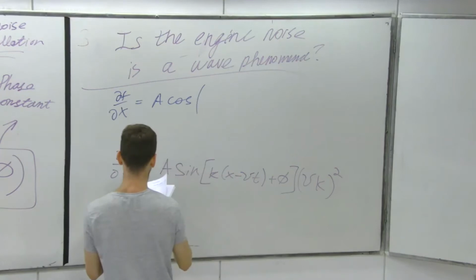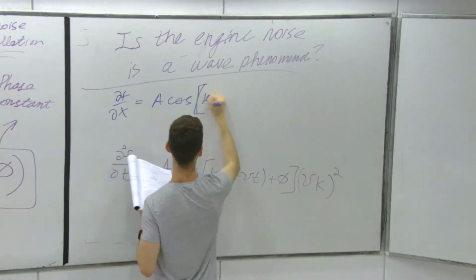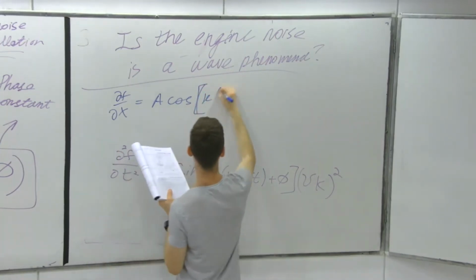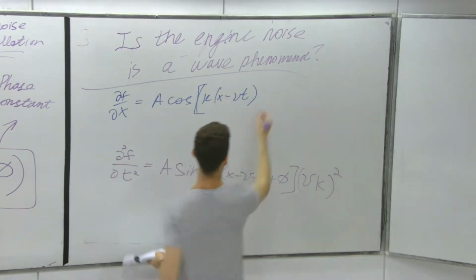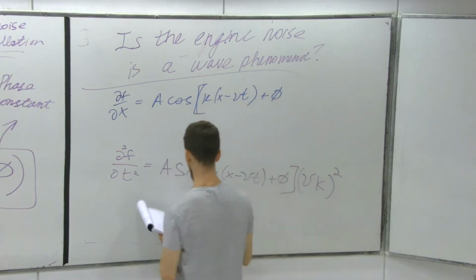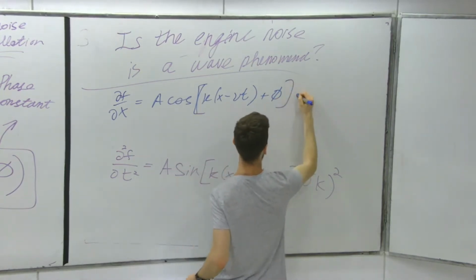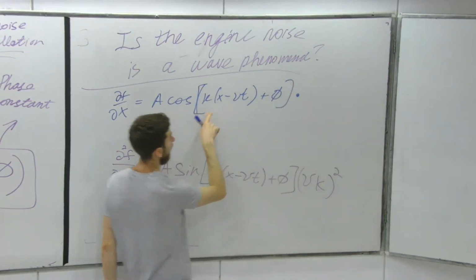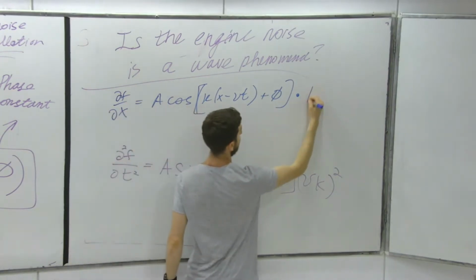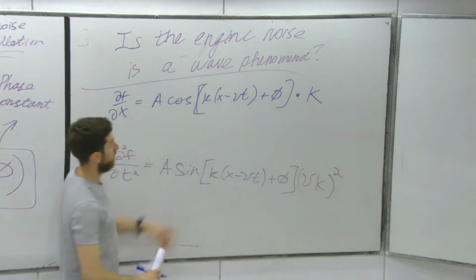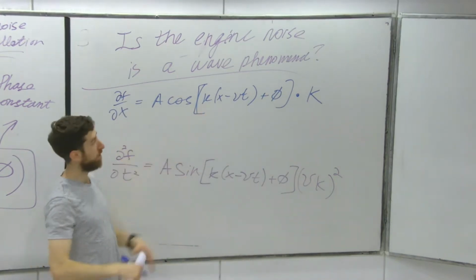The sine is changed to cosine. The argument is going to be the same, kx minus vt plus phi, okay? And multiplied by what? What's in front of x? Not minus, just k, right? Just k because it's what's here.